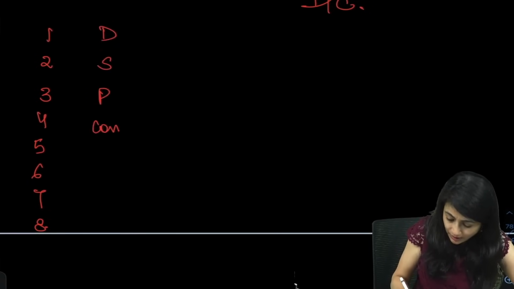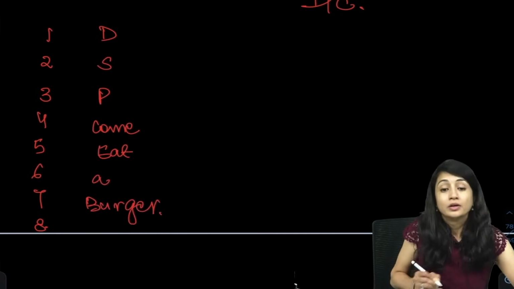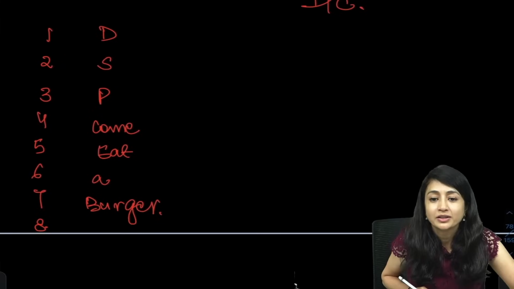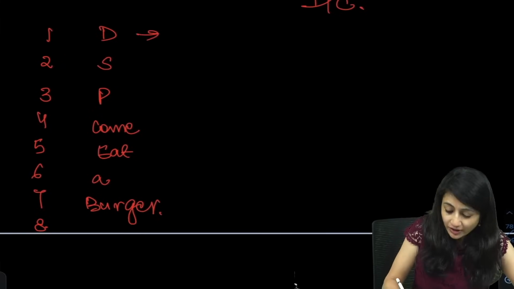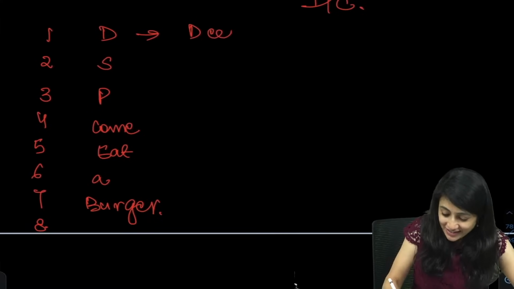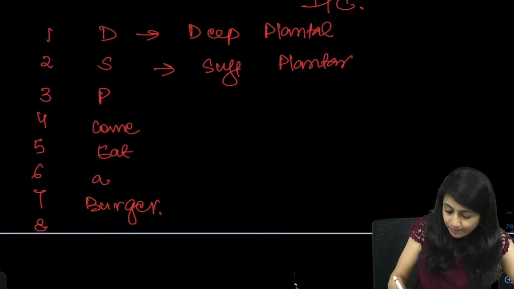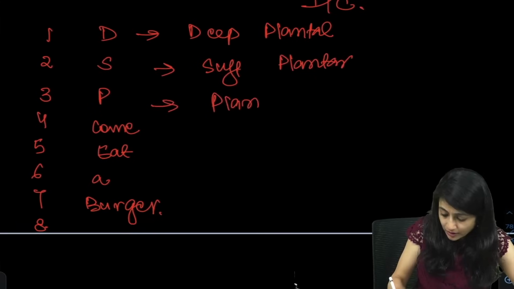DSP, come eat a burger. DSP, come eat a burger. I know, sorry. If you guys have a better mnemonic, please help me out, okay? So D is deep plantar. S is superficial plantar. P is plain wart.